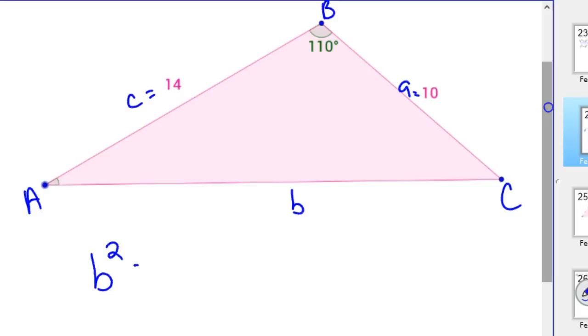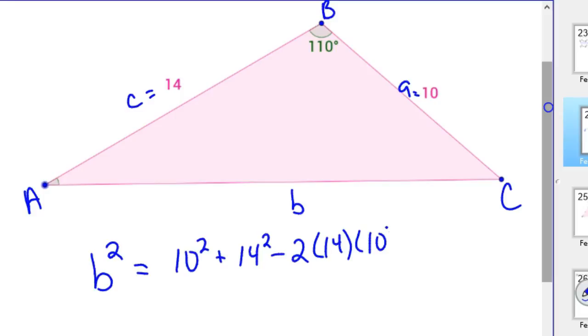So we're looking for b squared, and that is a squared, which is 10 squared, plus c squared, which is 14 squared, minus 2 times 14 times 10 times the cosine of angle B, which is 110 degrees.